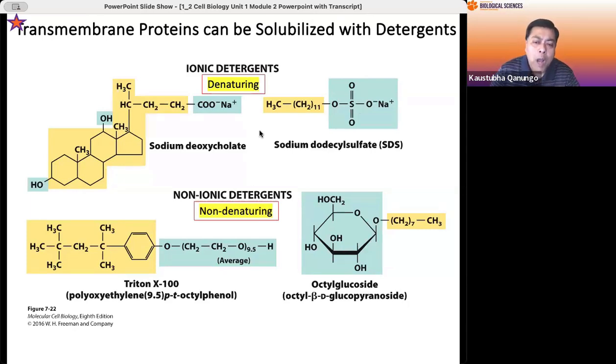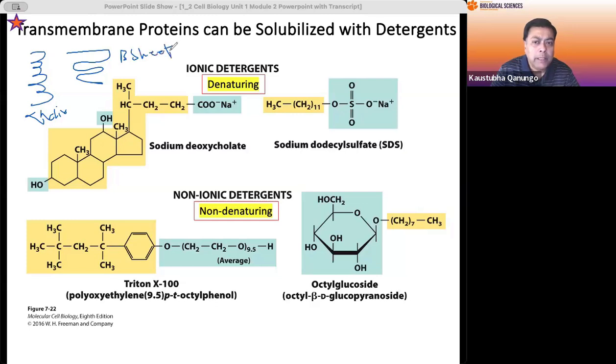So why are there two different types, and what are the two different things that we use? Remember that proteins have the alpha helix, or they can have the beta sheet. So this is your alpha helix, or they can have these beta sheets. Usually when you use sodium deoxycholate or sodium dodecyl sulfate, these structures are stabilized by hydrogen bonds in between.